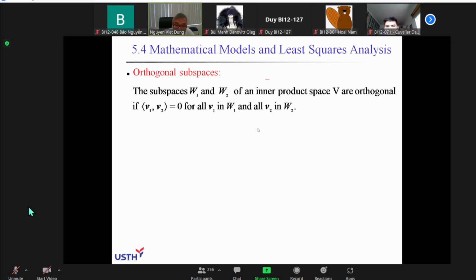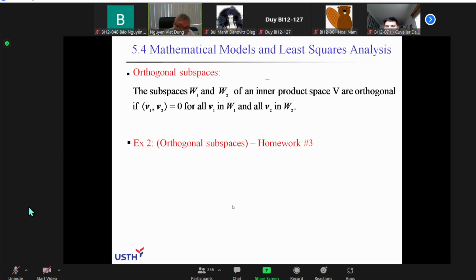Then in that case, we say W1 and W2 are orthogonal to each other. It is very easy for you to find an example from high school geometry, so I leave it for you to imagine by yourself.